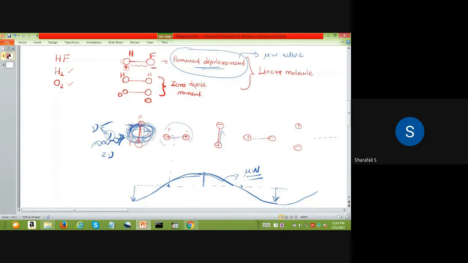So the rotation will be very high. I mean, the number of rotations per second will be larger, so 2 mu will be the frequency. If your energy level is here initially, after absorption of that particular frequency coming from the external source, its energy level will be higher. If it was in the j equal to 0 state initially, then it will go to the j equal to 1 state.